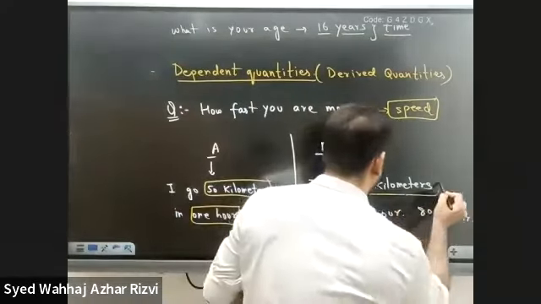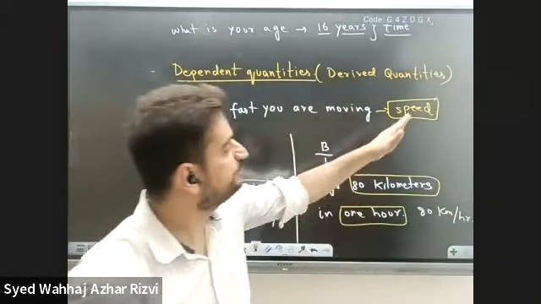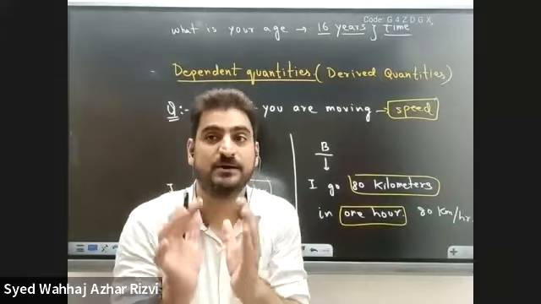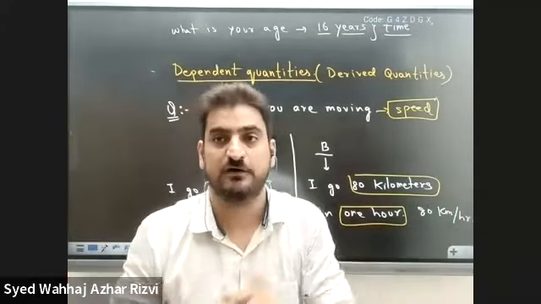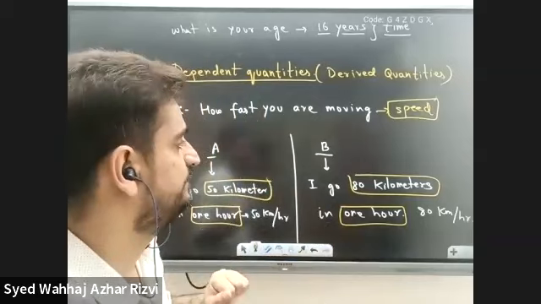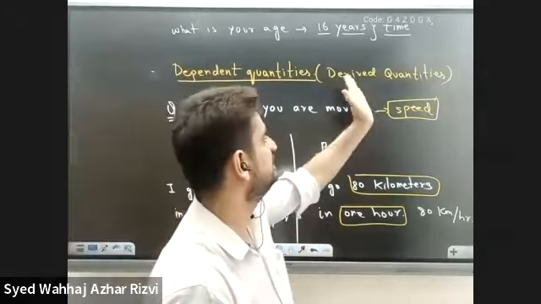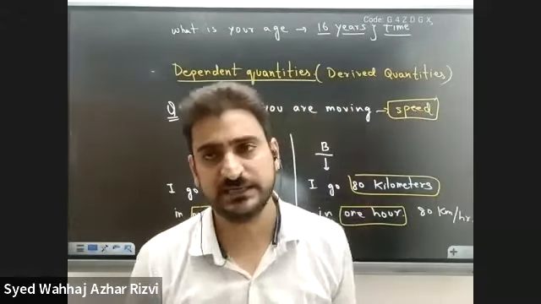It gives 80 kilometers in 1 hour. So when we are talking about the speed, we are thinking about two other quantities. One of them is distance and another one is time. So speed is a dependent quantity or a derived quantity. Got it?